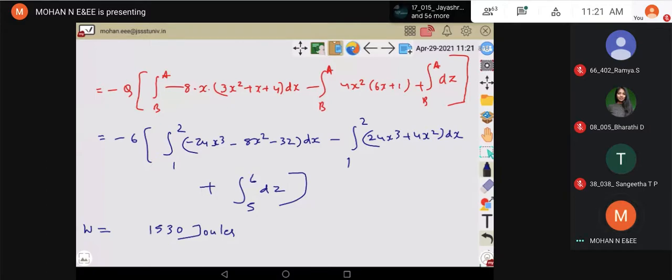Yes, it is mathematical jugglery, we can say. The concept you have to apply is work done, how to solve for work done when the field is given.